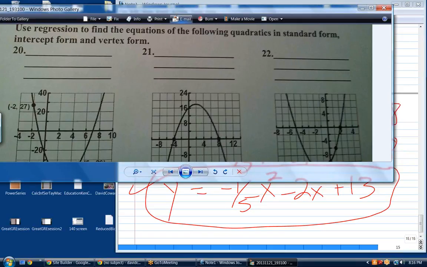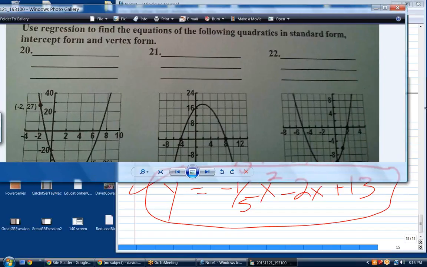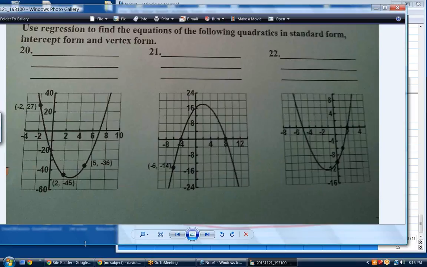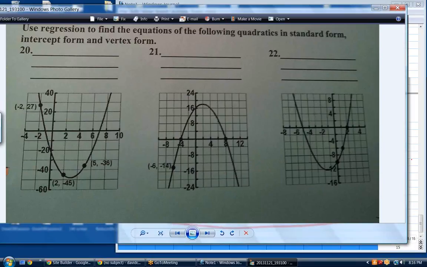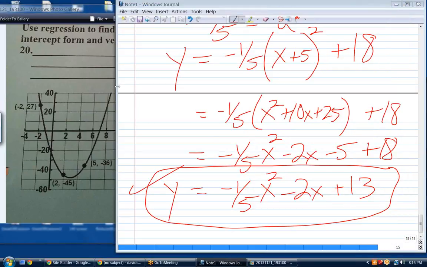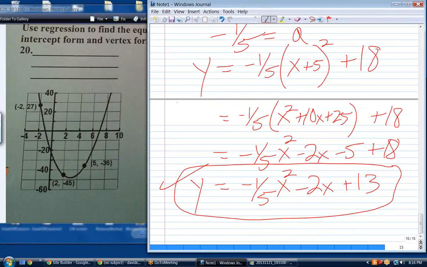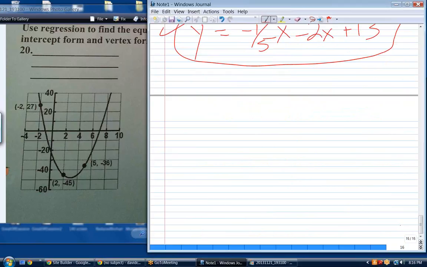So here they want it in standard form, intercept form, and vertex form. Okay. Let's just do one of these and then move on to the next page, because the next page is harder stuff. What are we going to do here?